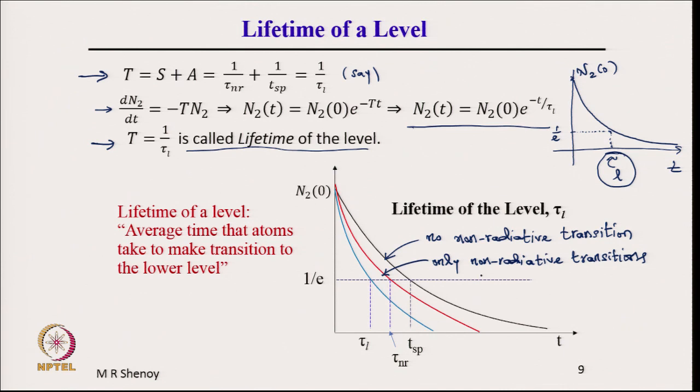And if both of them were present, then obviously the rate will be faster, because atoms will decay because of radiative transition and because of non-radiative transition. And then we have the blue curve which is shown here, in the presence of both.